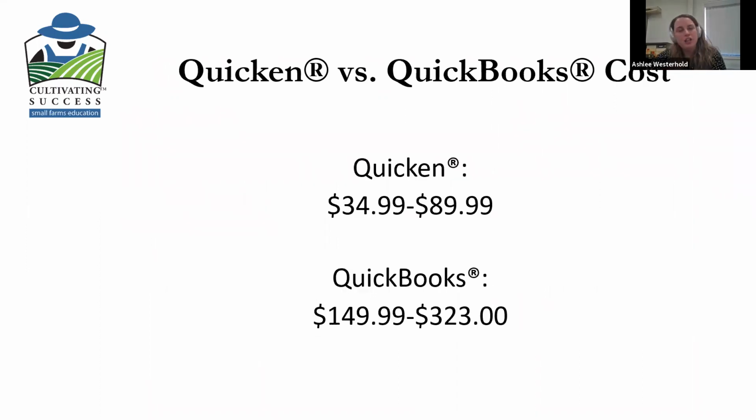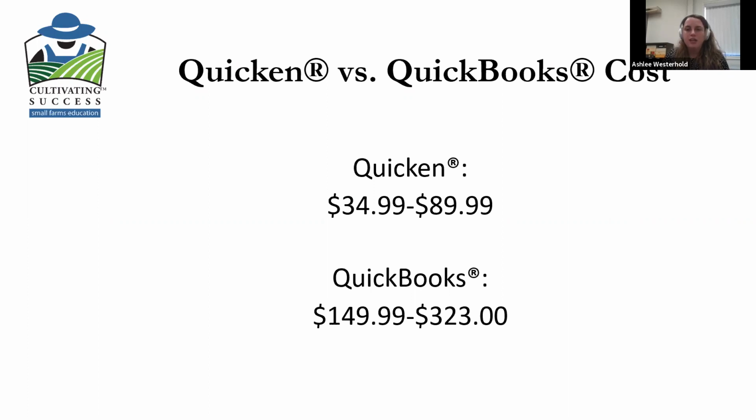So I think all of us, after this discussion, really care about these accounting systems and what they cost. I know that some producers that are starting out are very worried about the costs associated with these record-keeping software.